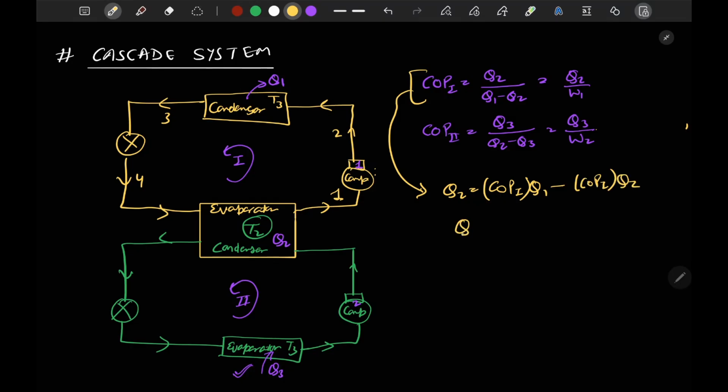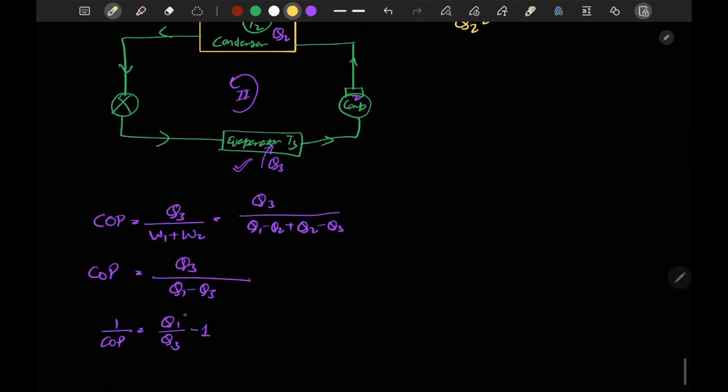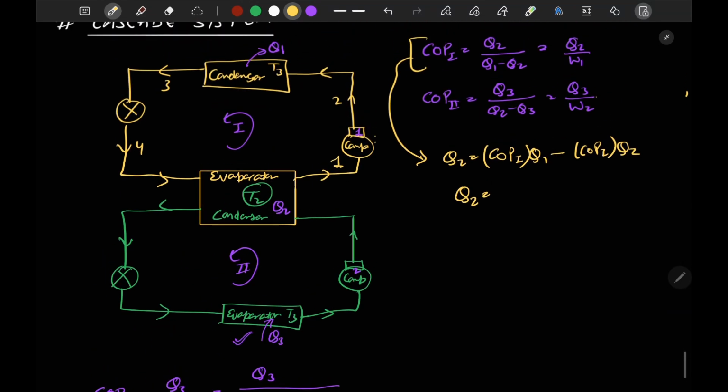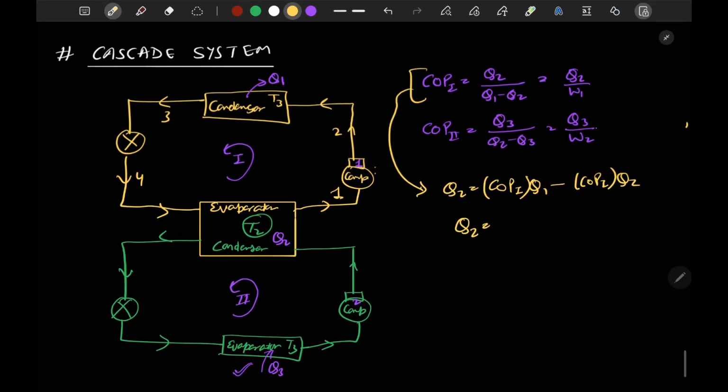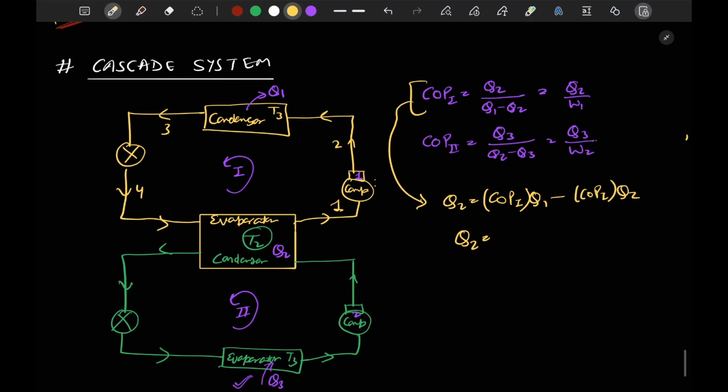From here we need the value of Q1 and Q3. Since we need the value of Q1, we can calculate Q1 by moving that term to this side: Q1 is equal to Q2 times 1 plus COP1 divided by COP1. So this is our value of Q1.